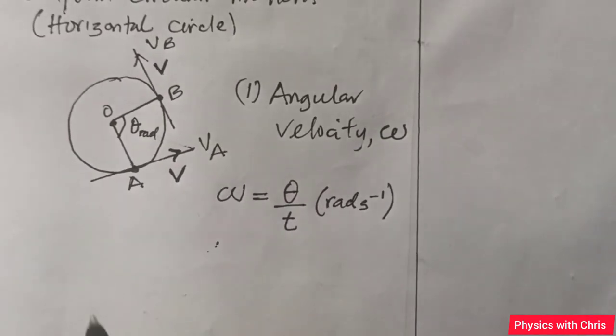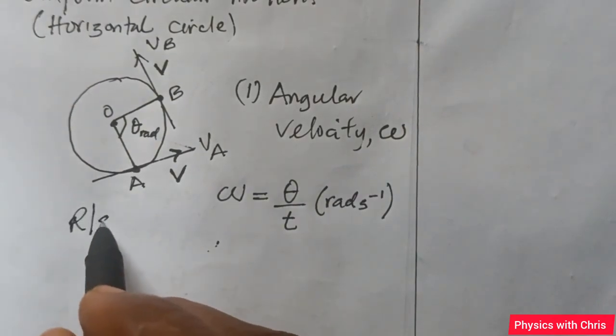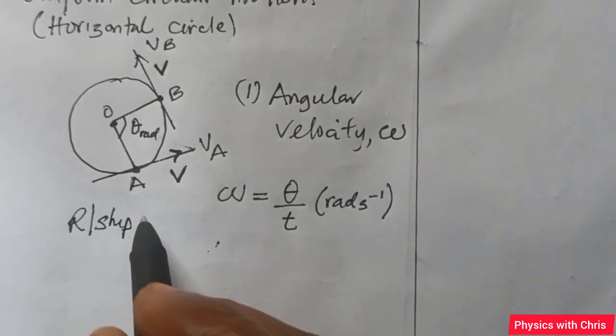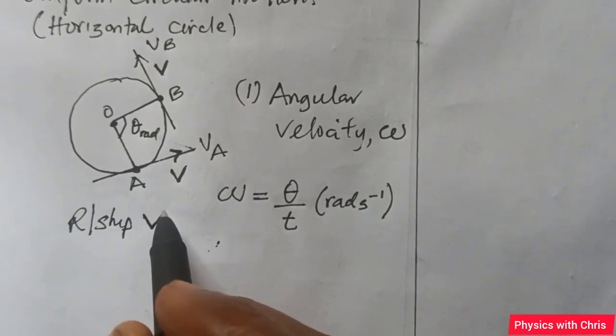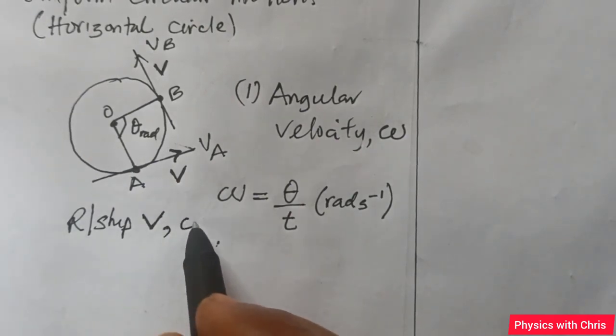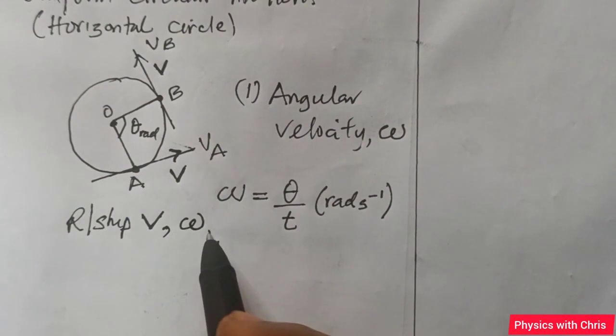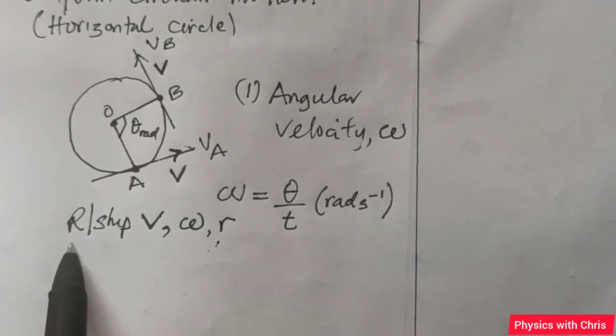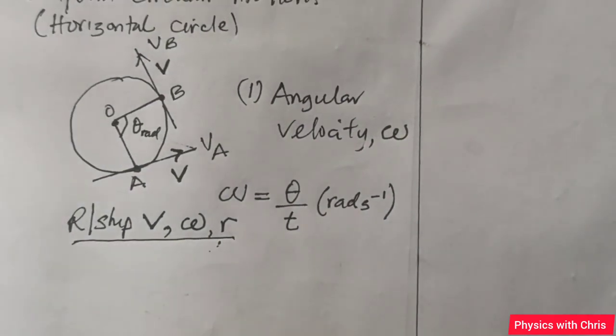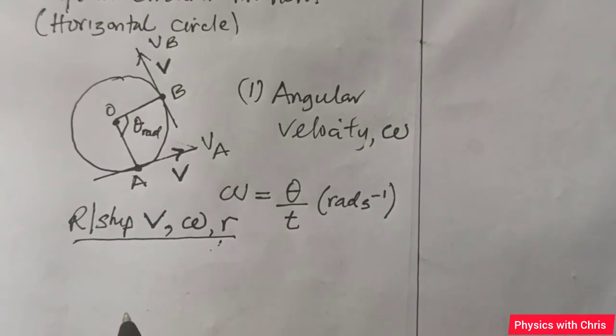Now, let's look at the relationship between the linear velocity or linear speed of the body, the angular velocity of the body, and the radius of the circular track. From the expressions, I'm going to write three equations.